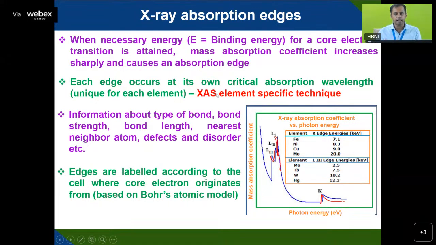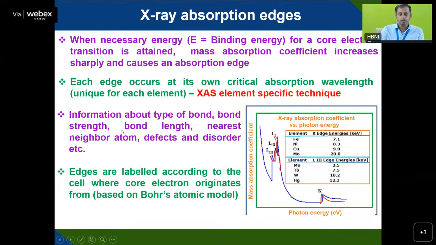That means, like characteristic X-rays, these absorption edges are specific to the particular element. So EXAFS is an element specific technique, and you can identify each element depending upon the absorption edge.